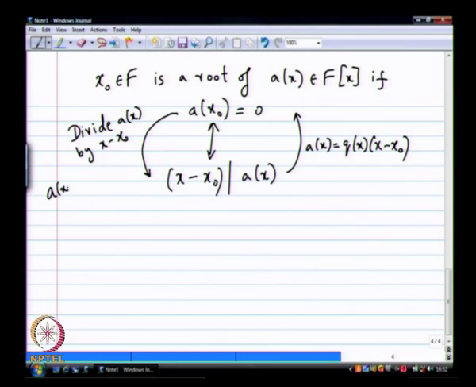A(x) equals q(x) times x minus x naught plus some constant, let us say r naught. Now what do I know about A(x naught)? It is going to go to 0. So clearly r naught has to be 0. So this implies A(x naught) equals r naught equals 0, and you get x minus x naught dividing A(x).